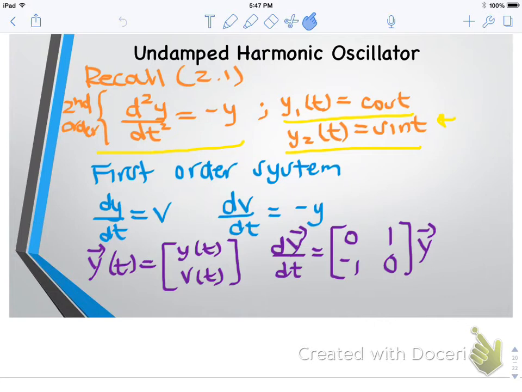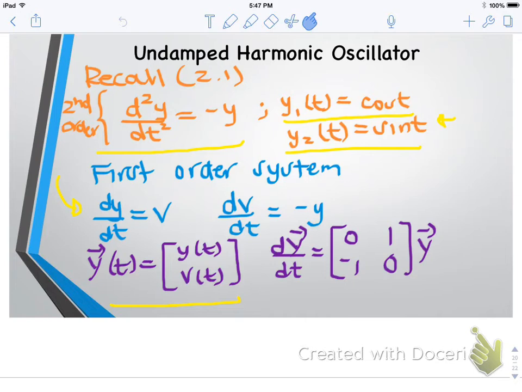And remember, we turned it into a first order system, right? If you're given a second order system, you should know how to turn it into a first order system now. From the undamped harmonic oscillator equation, if we look at it as a vector, then we can say the vector y of t is equal to y of t, v of t, and dy over dt equals.